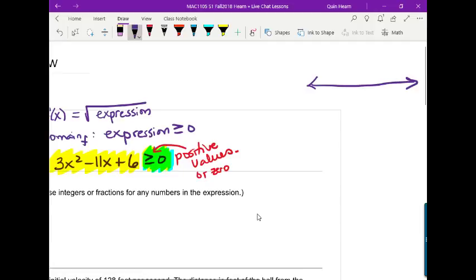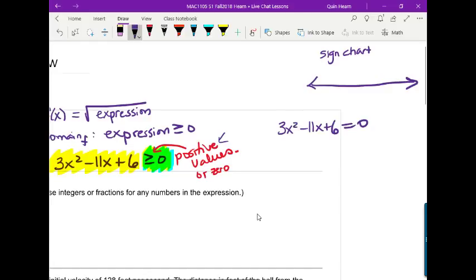If you're going to use the sign chart method, then you find the values where the function would be equal to 0, and that divides up your number line into different pieces, and then you just check each piece to see where you have positive values. So in this case, setting 3x squared minus 11x plus 6 equal to 0, we're going to solve for x.